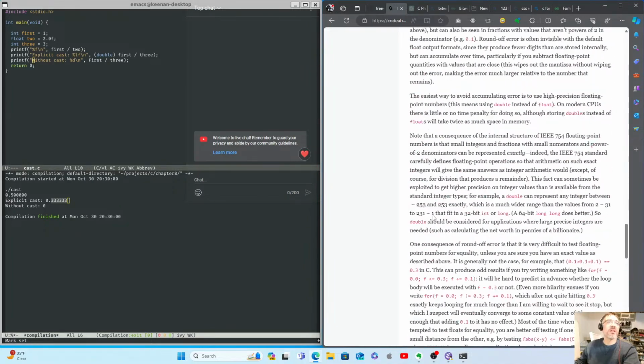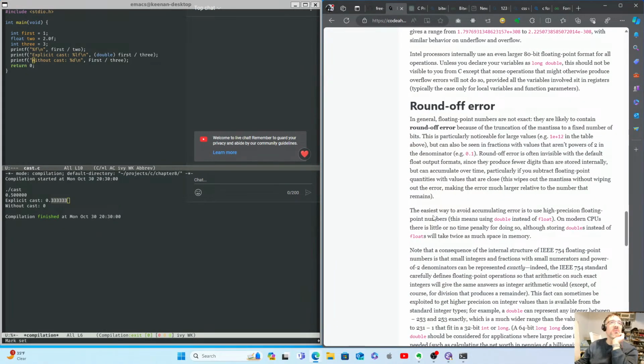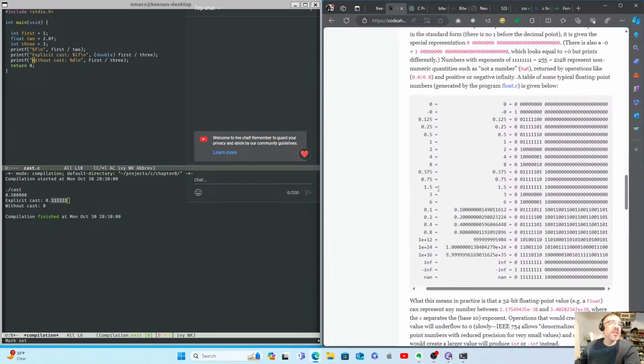Round off error. In general, floating point numbers are not exact. They are likely to contain round off error because of the truncation of the mantissa to a fixed number of bits. This is particularly noticeable for large values. Example, 1e12 in the table above. 1e12, okay. 999999954.